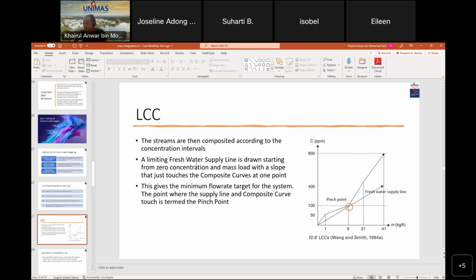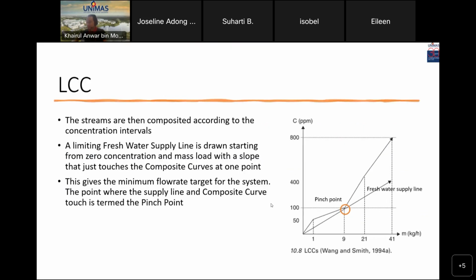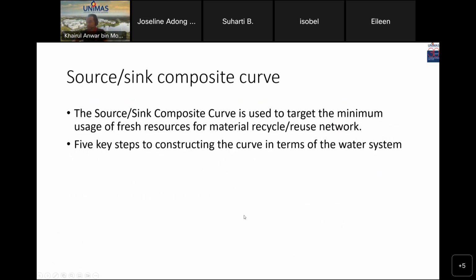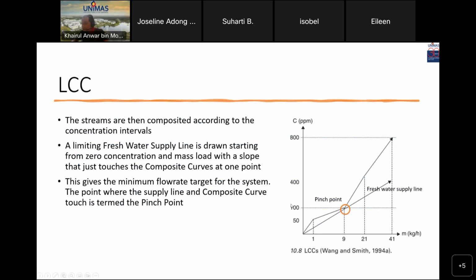A limiting freshwater supply line is drawn from origin 0 mass load with a slope that just touches the composite curve. This gives the minimum flow rate target for the system. The point where the supply line and composite curve touch is termed the pinch point. This is the pinch point.